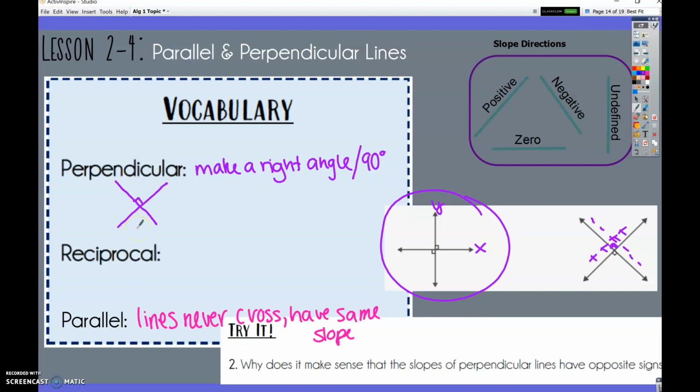The way we know that, though, is if one of the slopes, let's say this slope, was 2/3, and that's positive, so we know it could be a 2/3 potentially, this slope down here would definitely be a negative, and it just so happens that if it's perpendicular, you flip your fraction. So that's what a reciprocal is called. A reciprocal is when you have a set of numbers in a fraction and you flip them. I like to think of it as flipping the values of the fraction.